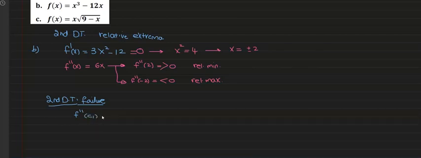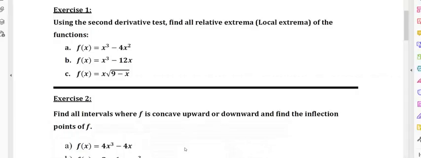If it's equal to 0, the second derivative is unable to indicate the type of the critical point. And if it was undefined at another critical point, again it's going to fail to indicate the type of the critical point.